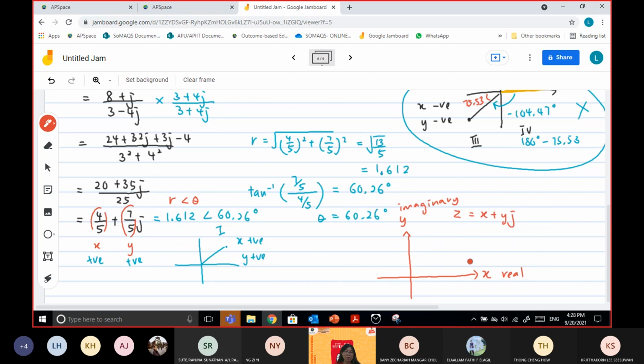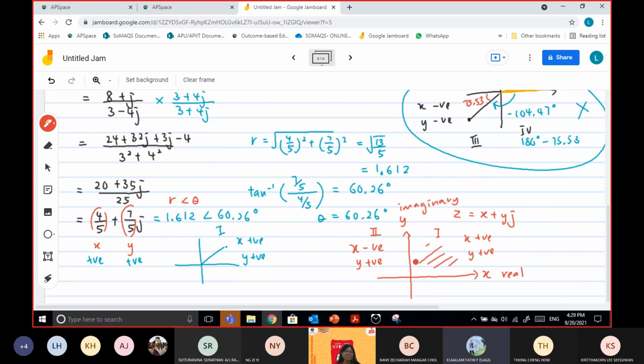For the first quadrant, x is positive, y is positive. When it comes to the second quadrant, since it's above the x-axis, your y is positive. Then how about your x? Because it's to the left, your x is negative. It's the same as a normal coordinate system. Understand?